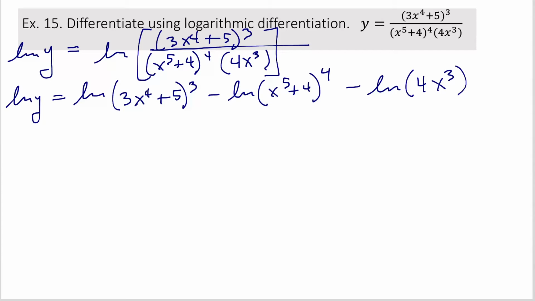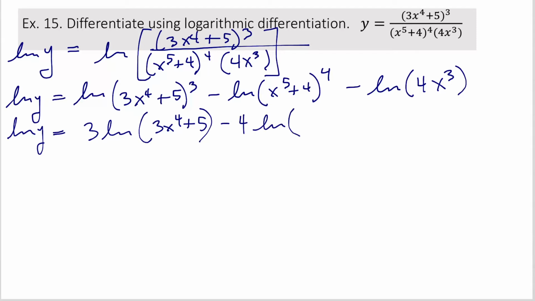All right, so now I can take these powers here and put them out in front. This one is inside, so I can't do it there. So I've got ln y equals 3 ln(3x^4 + 5) minus 4 ln(x^5 + 4), and then this one, ln(4x^3).